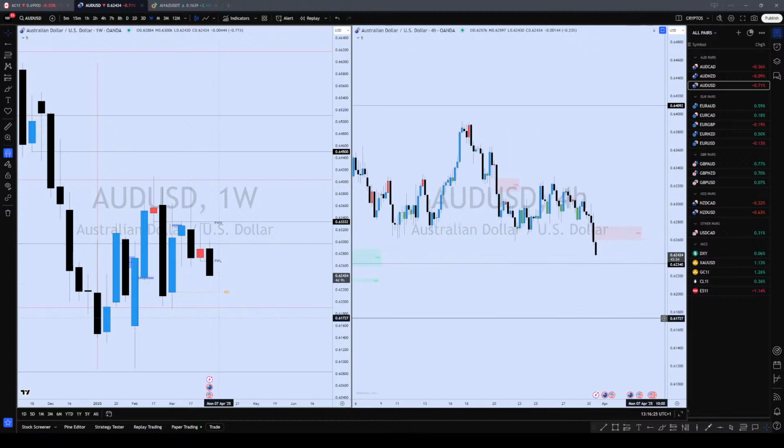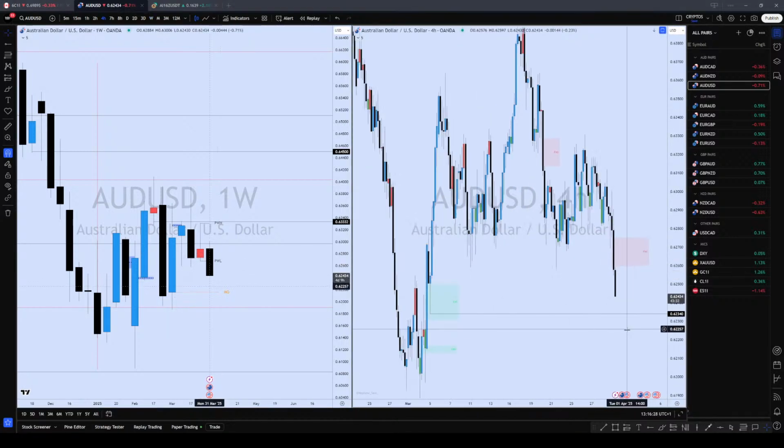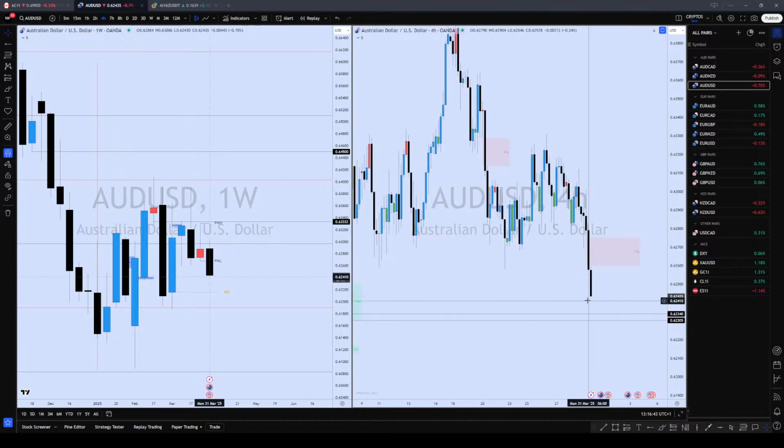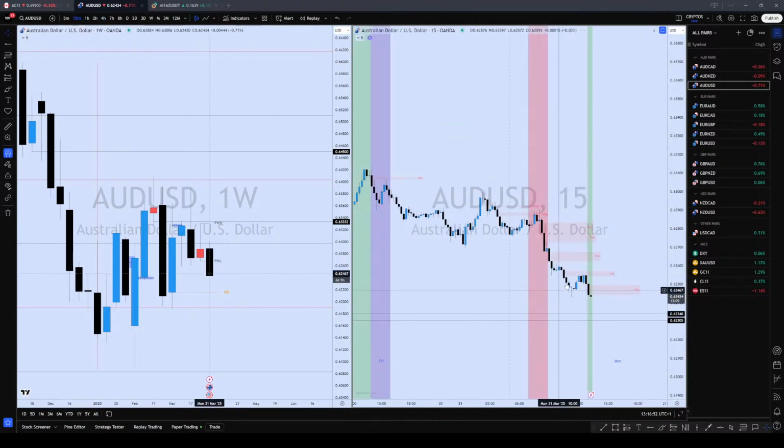This New York session, if we can get there, you can get a scalp, just in here. Now what can you do? Just drop down to the M5 or M15, wait for a break above the last up candle as price is dropping.